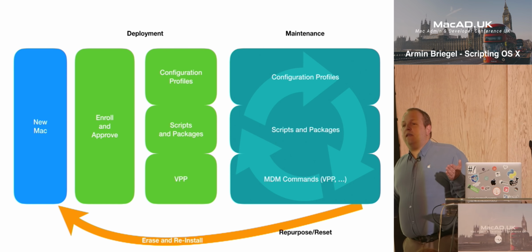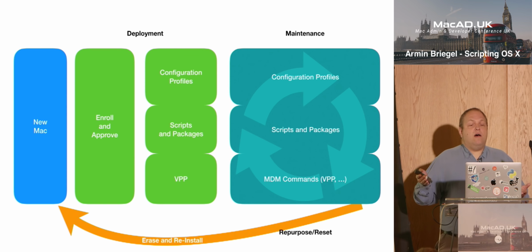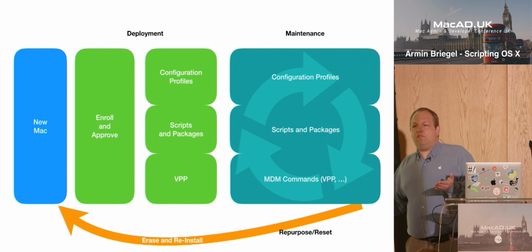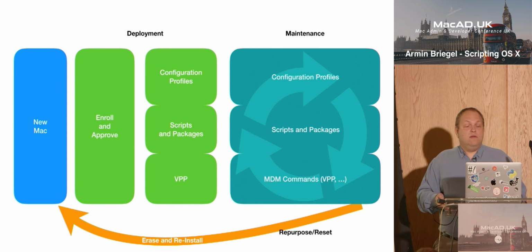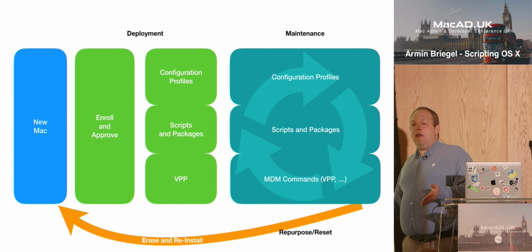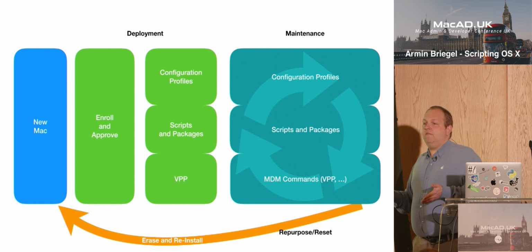And when we compare that with the maintenance cycle that happens later, well, the maintenance cycle I do with configuration profiles for the settings where they work, VPP, MDM commands where they work, and scripts and packages for everything else. So I have the same tools for the initial software deployment as I do for the maintenance.